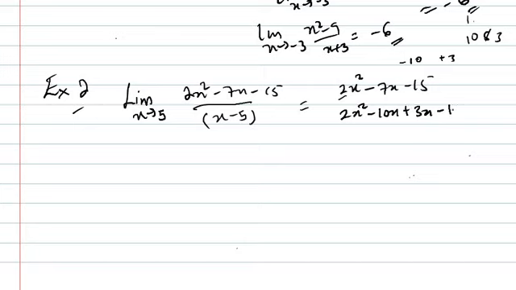To factorize this, we can factor out 2x since it is common. So you can say 2x out, remaining x minus 5, and then the other one is 3 outside, which is x minus 5. Here is x minus 5 here.